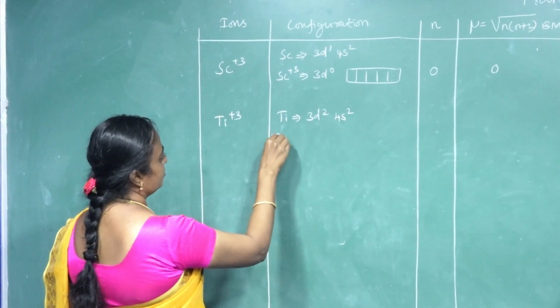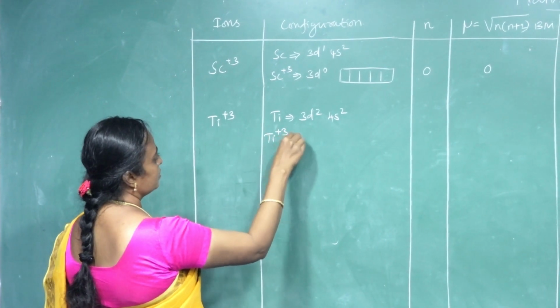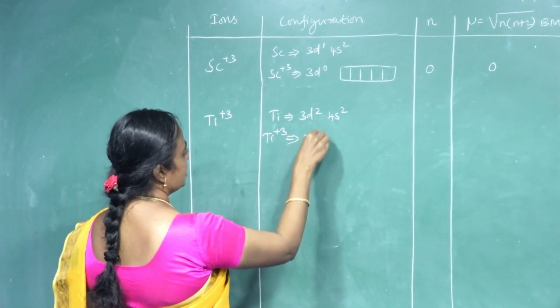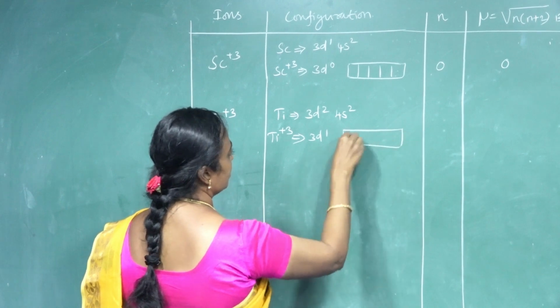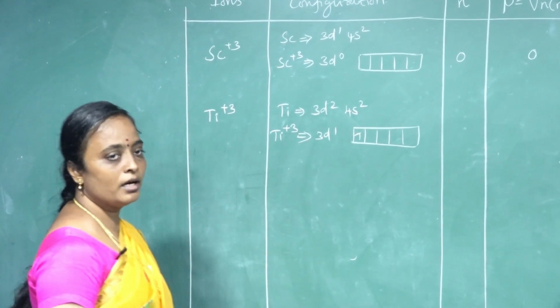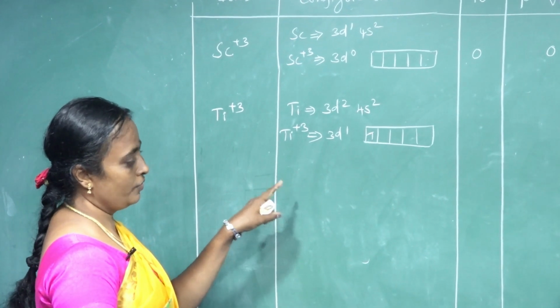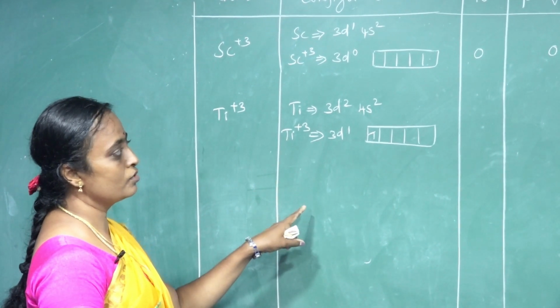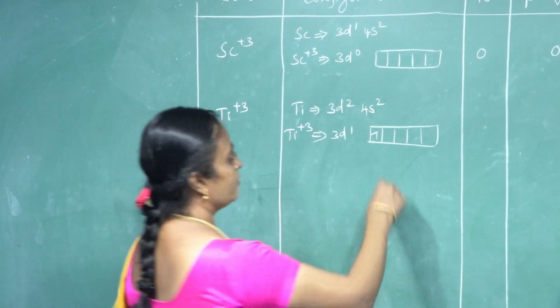For titanium 3 plus you get only 3d1, that means the d orbital contains only 1 electron. Even one unpaired electron contributes a magnetic moment value.